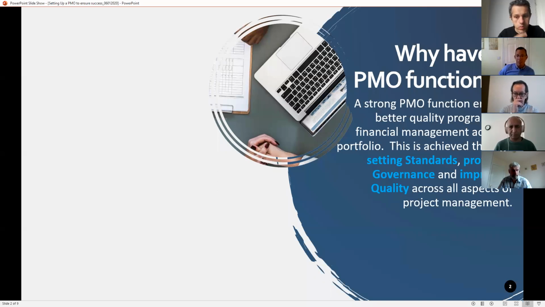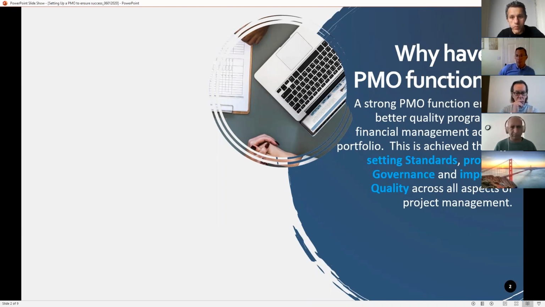You'll also see a lack of transparency into the status, probably not having a tight reporting function, and projects not delivering to the strategic goals, and work being done that's maybe not necessary to the strategic goals. It might be a fantastic piece of work, excellent output, but not actually what you're looking as an organization to deliver. And without the PMO function there to govern that, this happens quite a lot.